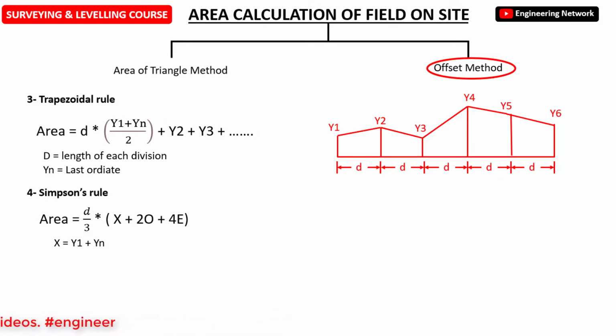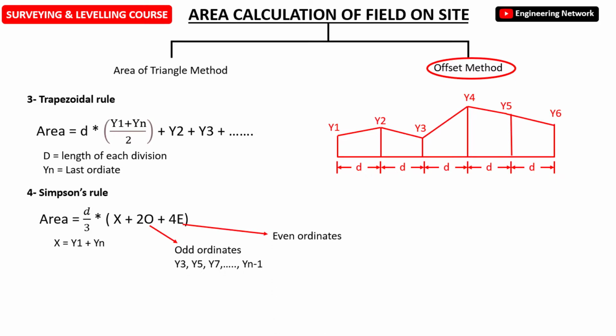O indicates odd ordinates like y3, y5, y7 and so on up to yn minus 1, and E indicates even ordinates like y2, y4, y6 and so on up to yn minus 2.